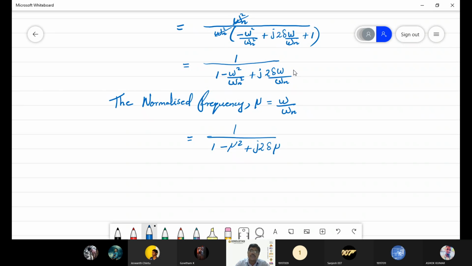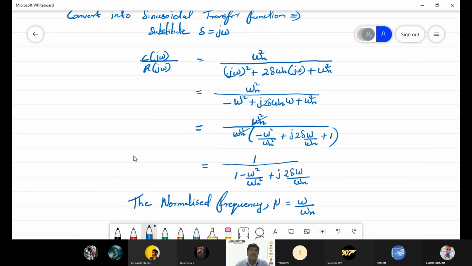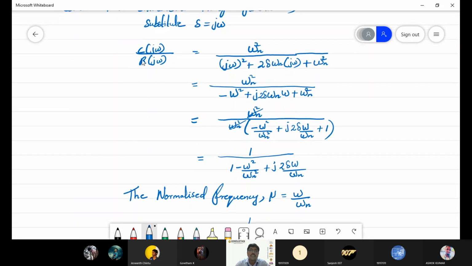So I hope you understood. Here also we put omega divided by omega n equal to mu. That means this becomes mu square and this becomes mu, right? So that's all about the resonant frequency that we obtained, and it gives us M of j omega. So this is C of j omega divided by R of j omega.